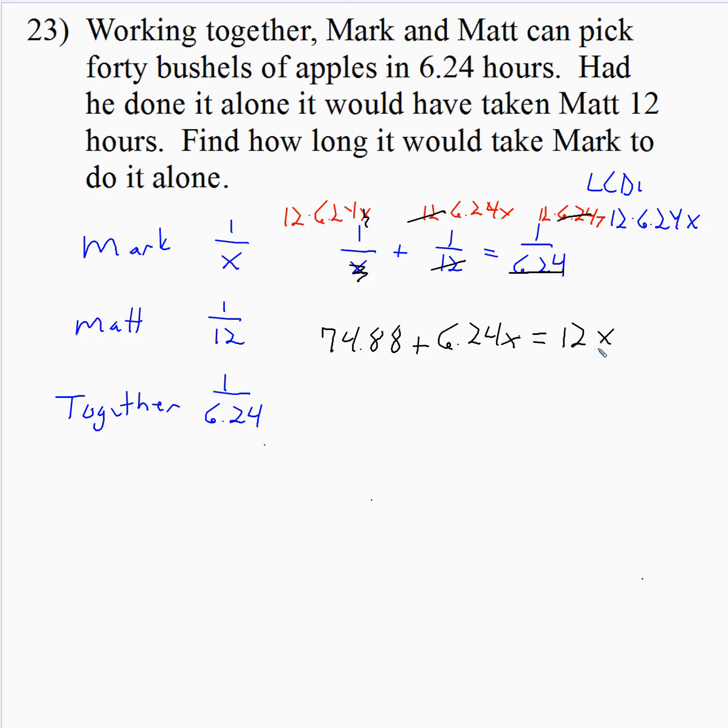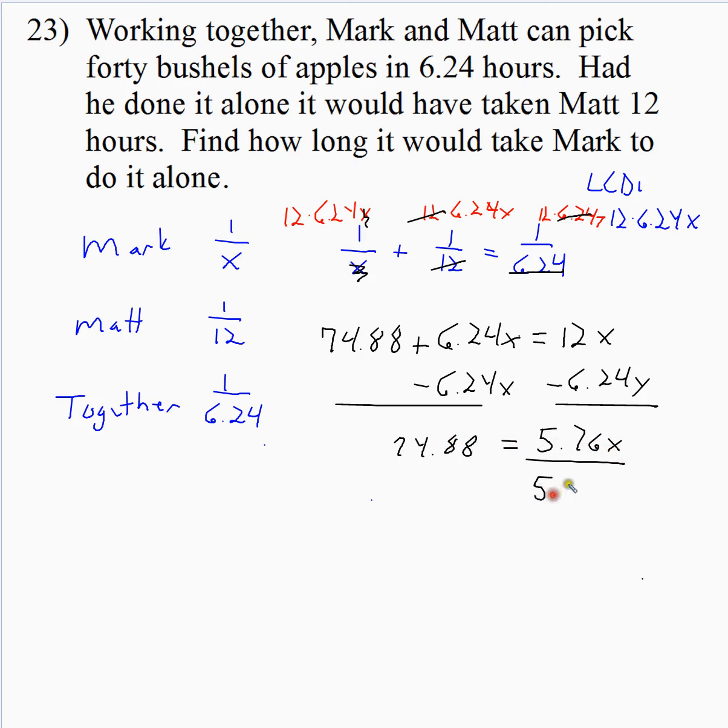We would go ahead next and subtract 6.24x from both sides. So we have 74.88 equals 5.76x.